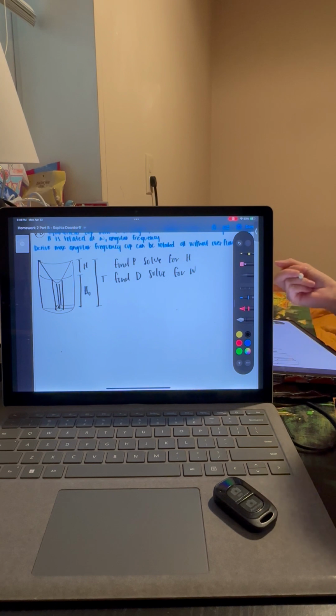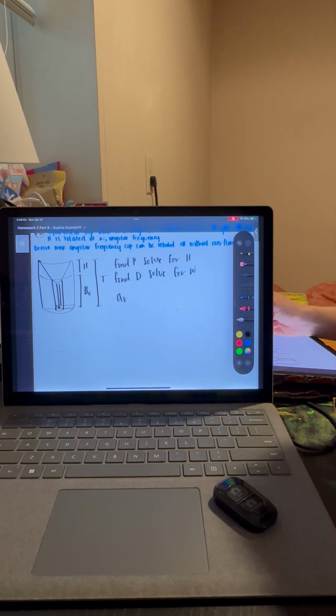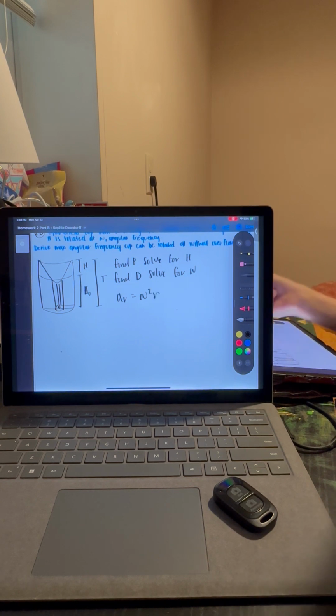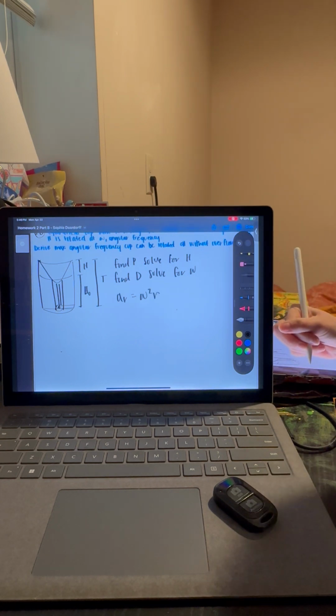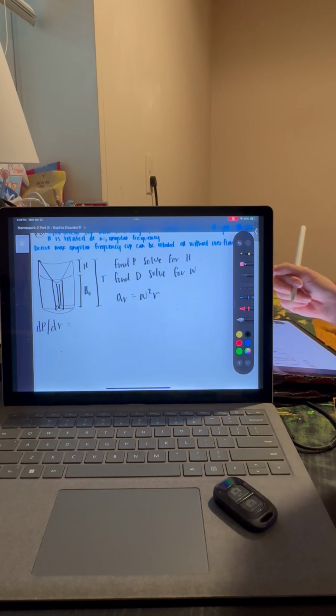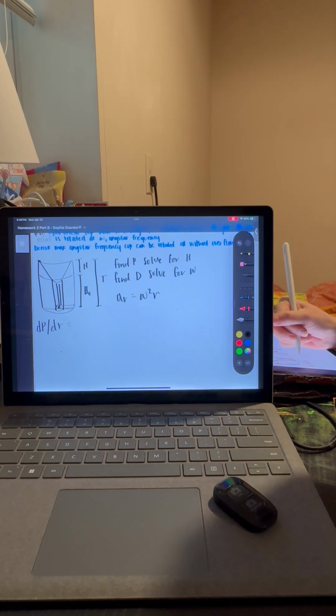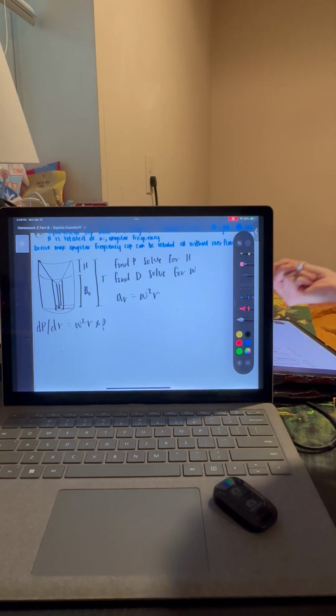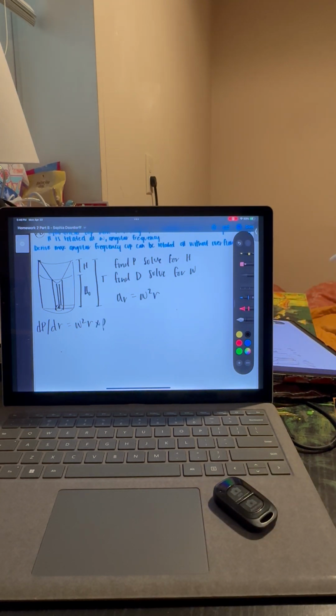omega. We know that the radial acceleration is equal to omega squared times radius. So to start finding pressure, the differential pressure with respect to radius is equal to our radial acceleration of omega squared r times the density of the liquid.